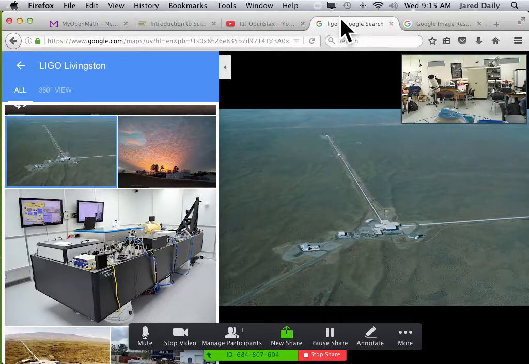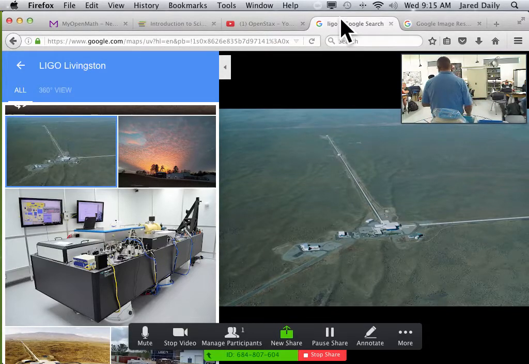And this is one of the predictions of Einstein, that when Einstein created his general theory of relativity, he said things that are massive in the universe create gravity waves as they move through space and time. And these gravity waves will propagate outwards from them. But most things make gravity waves that are so small and so long that they're almost impossible to detect.